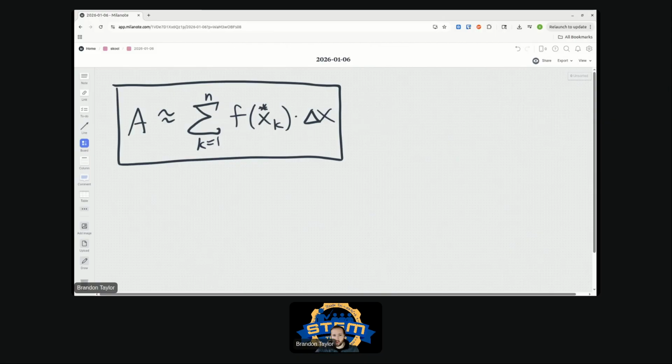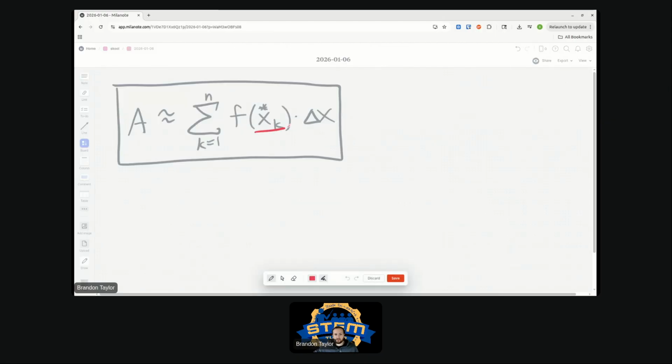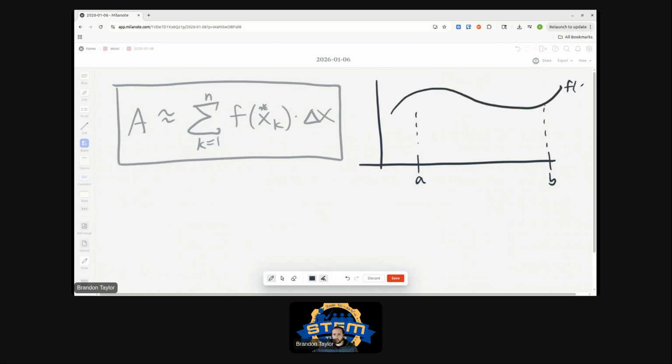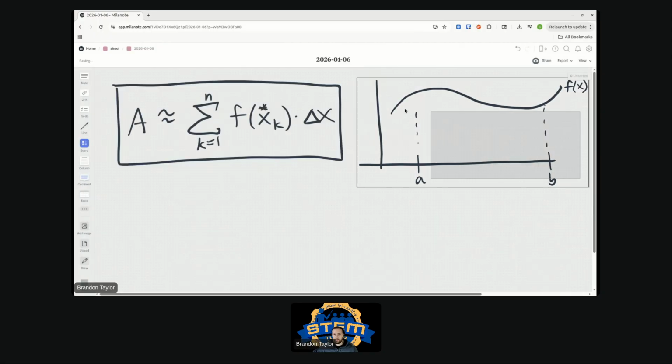There's a couple ways. What I really want to focus on is this first, because the others we've kind of explained here. And actually, let me redraw a basic setup here. We have some a value, and then we have some b value, and then we have some kind of function f of x, right?